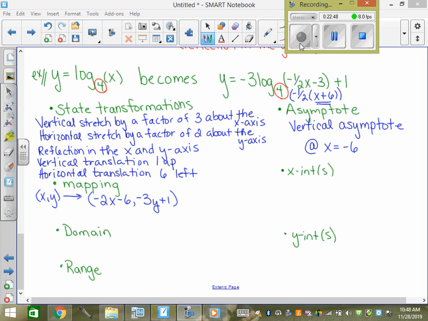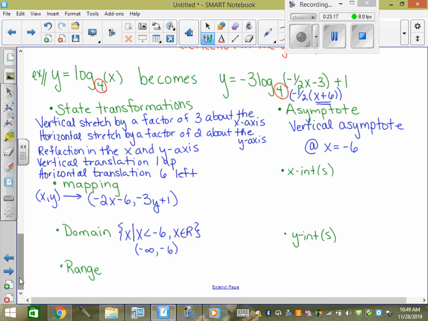My domain is either going to be x greater than negative 6 or x less than negative 6. I have a reflection in the y-axis, so normally it would be over here. It's now reflected on this side, correct? So my domain is actually going to be x such that x is less than negative 6 because I have a reflection in the y. And then less than negative 6 would be negative infinity to negative 6. My range is y in R. It doesn't even matter what my log graph is, the range will always be y in R.